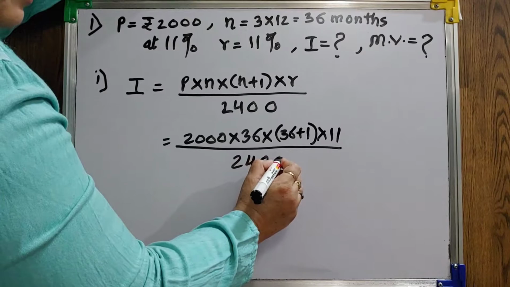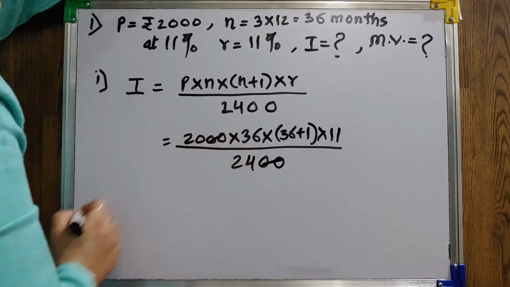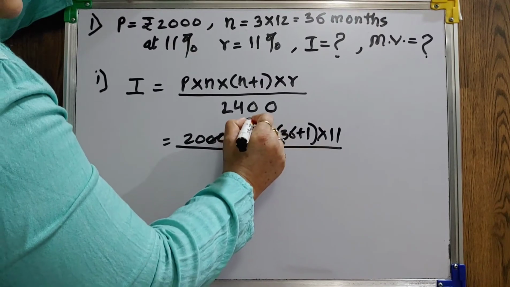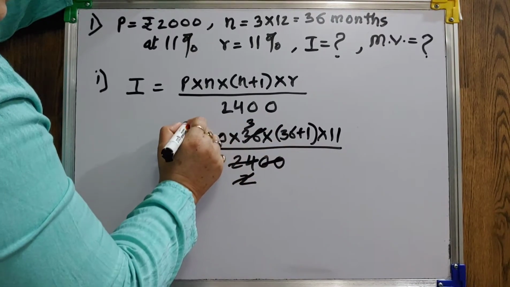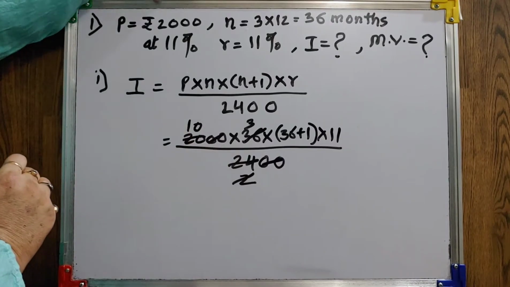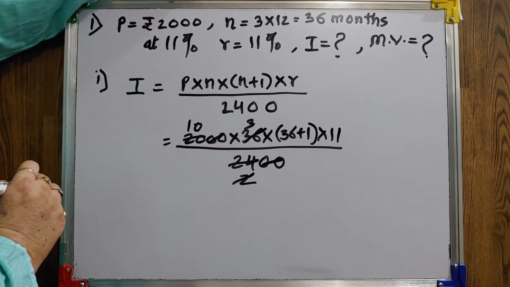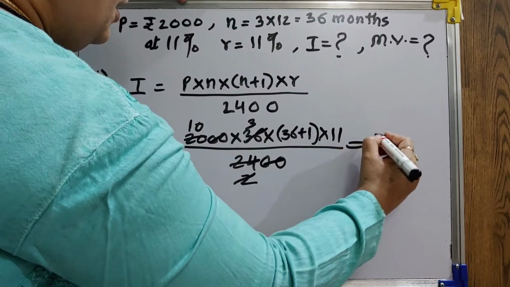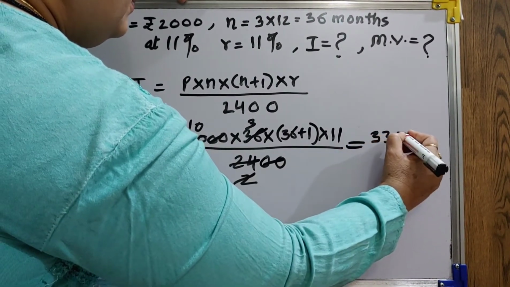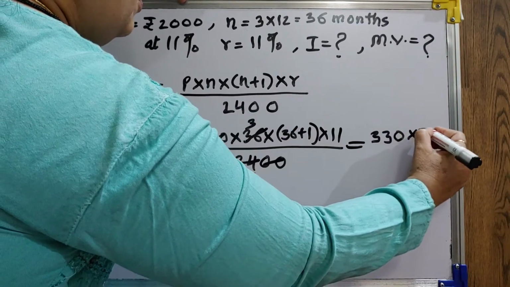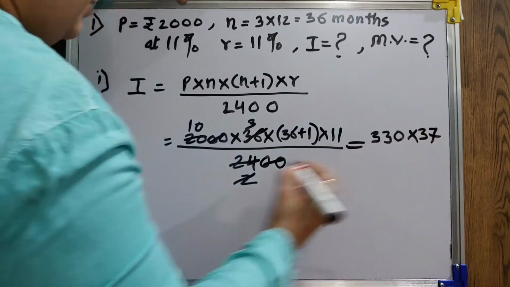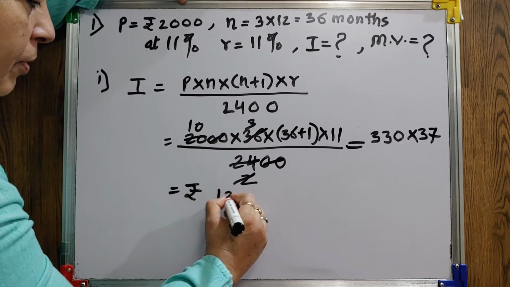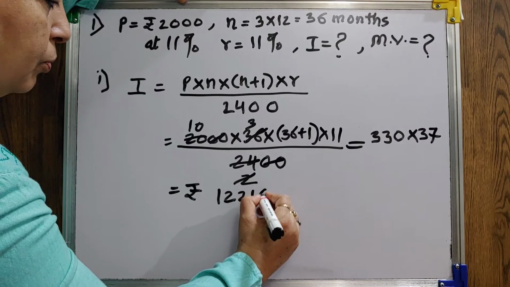You can reduce it. 12 2s are 24, 3s are 36, equals to 330 into 37. When I multiply, it will be 12,210.